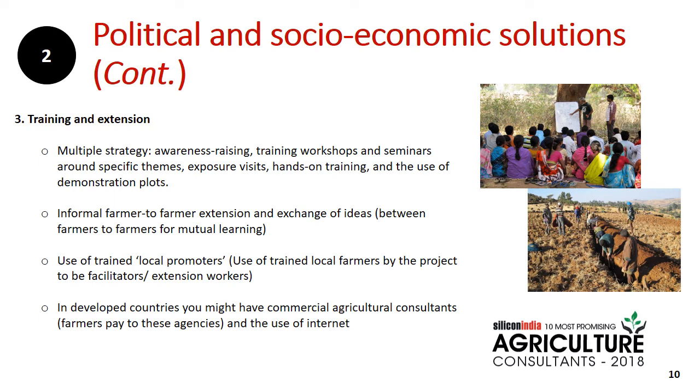You might have what we call commercial agriculture consultants. These are companies that provide consultancy, so you basically pay them. So nothing is free here. Or people might have access to the internet, so they can read, search, and learn from other countries, and then just go and implement it.